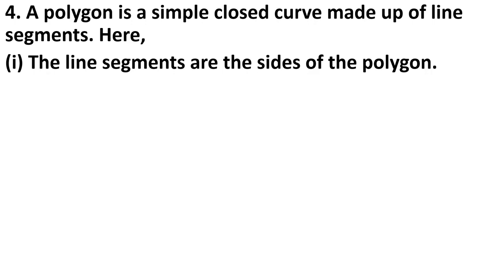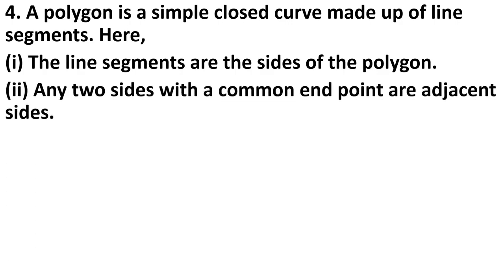Of all the line segments by which the polygon is made, each is called a side of the polygon. Any two sides with a common end point are adjacent sides. If two sides have one common point, then those two sides are said to be adjacent sides.